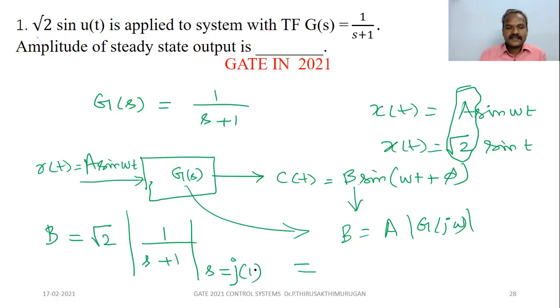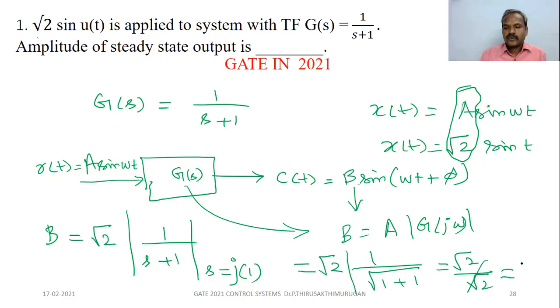Substituting, root 2 times 1 by square root of 1 square plus 1, so root 2 by root 2, equal to 1. This is the answer for this question.